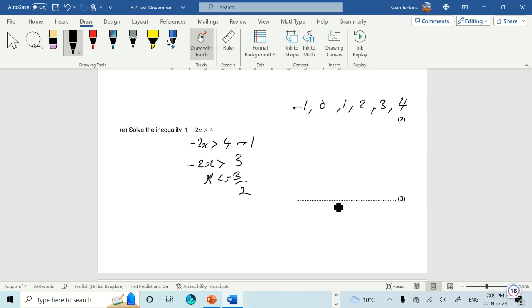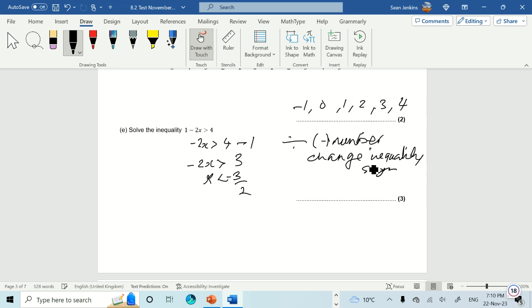So x is less than minus 3 over 2. And the key here is if you divide by a negative, change the inequality sign.